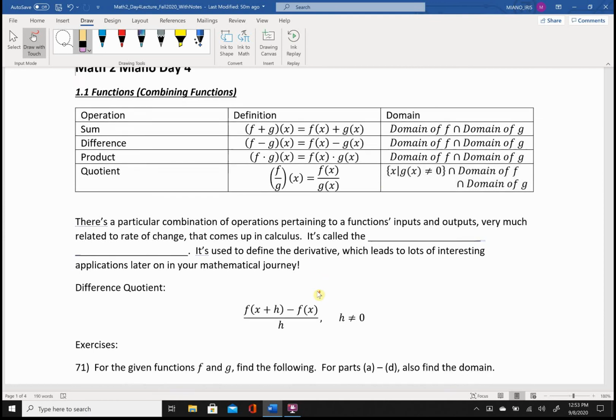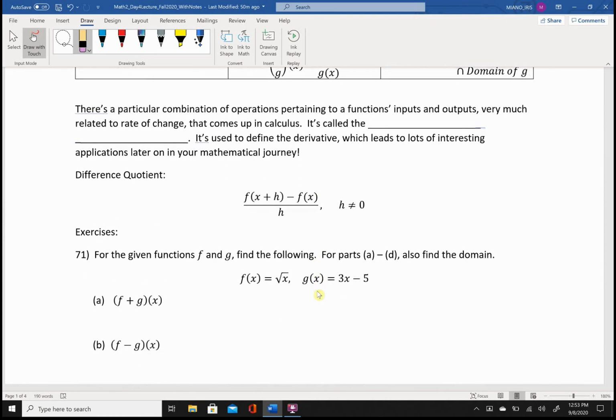Okay, so there's a particular combination of operations that we'll be focusing on, called the difference quotient. I want you to put that in the blinks there.